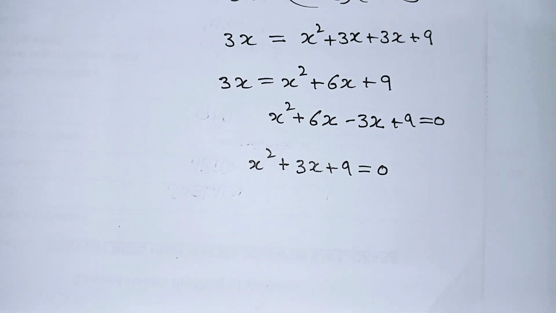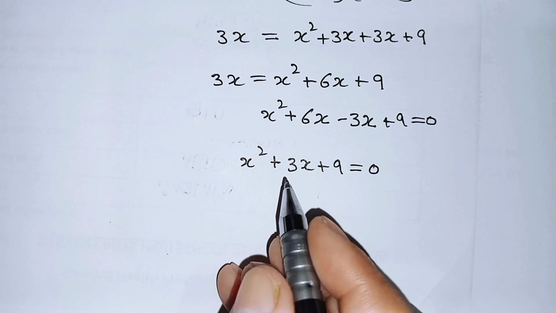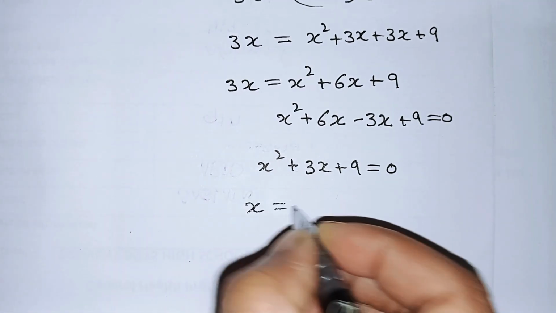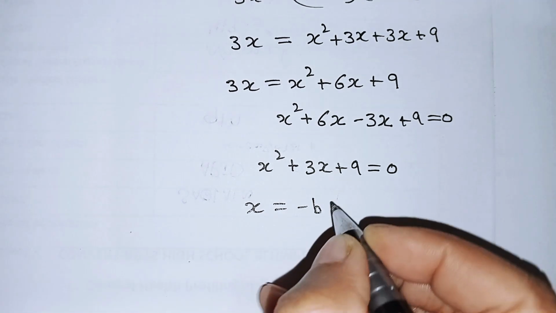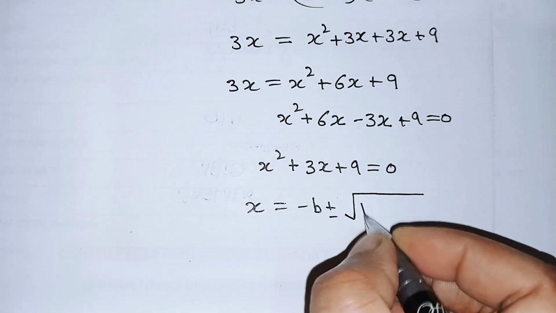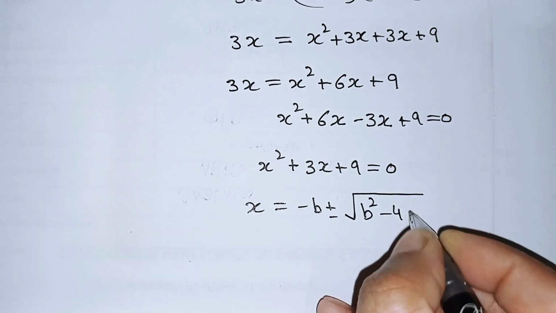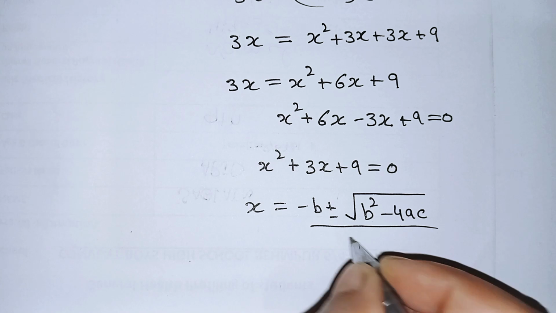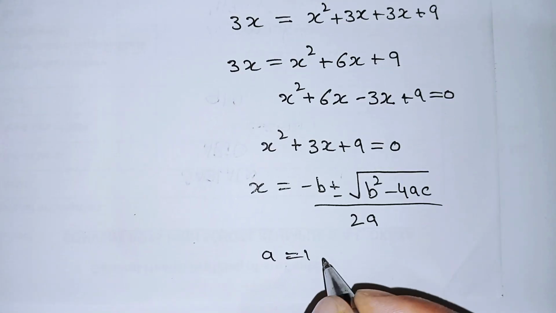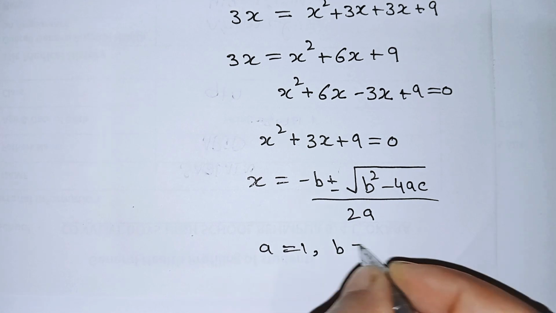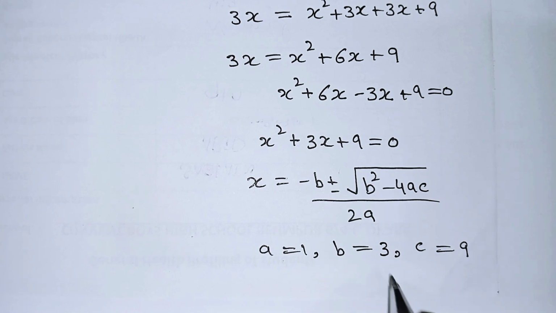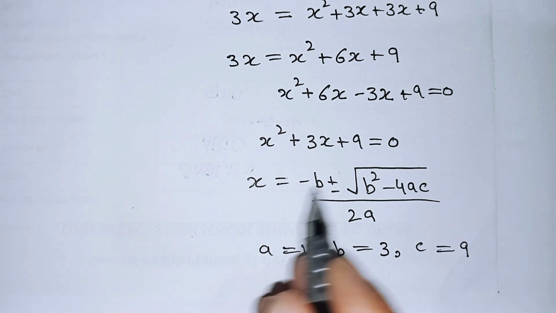And so here we use our quadratic formula, which is x is equal to minus b plus minus square root of b square minus 4ac, over 2a. Now here a is equal to 1, b is equal to 3 and c is equal to 9. We put these values in this formula.